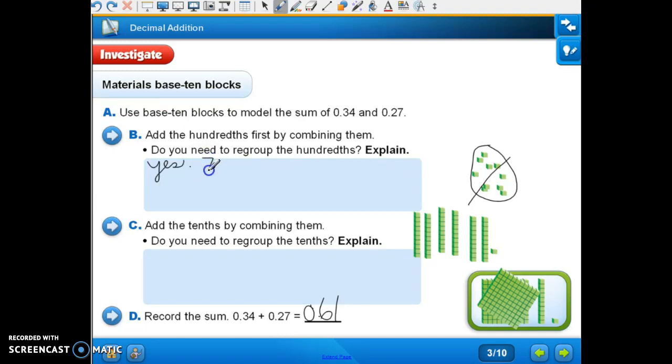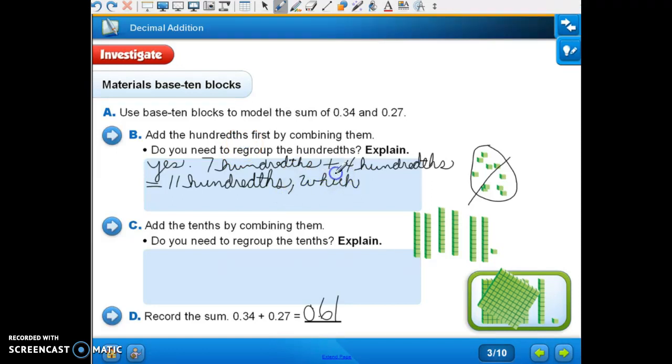Okay, so then we had 7 hundredths, right? Don't forget your THS on the end. 7 hundredths plus 4 hundredths, this should go on the lines in your worksheet, is equal to 11 hundredths, which is greater than 9 hundredths.